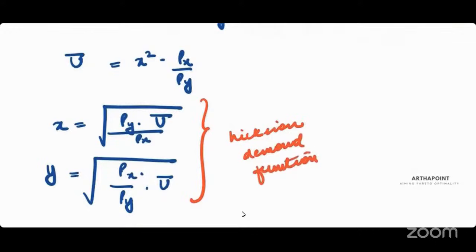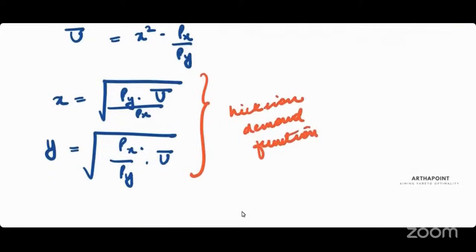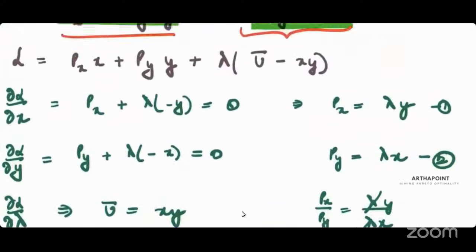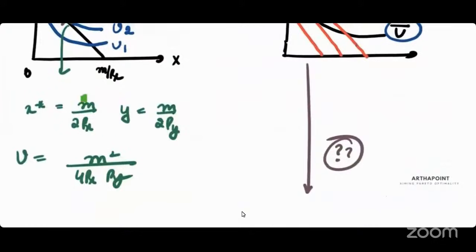The Hicksian demand function is a function of the utility and prices. Please note this thing. It's a function of utility and prices. You hold utility constant, whereas the Marshallian demand function is a function of income and prices. You must remember this at all times. Marshallian is always a function of income and prices.